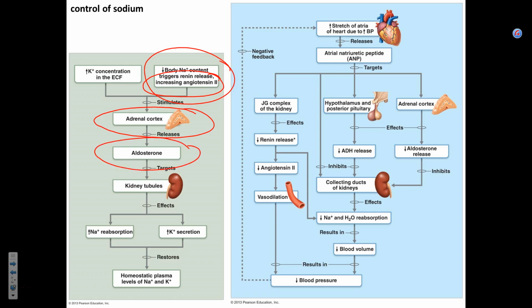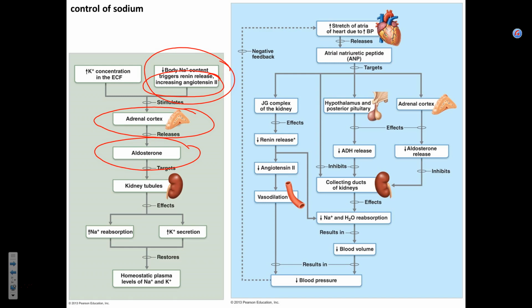Actually, I can give you a more detailed mechanism. Just think about this. Remember we talked about the juxtaglomerular mechanism of regulating GFR. When your blood pressure goes down, your blood flow, your filtrate flow goes down as well. Do you understand what I'm saying? So your blood pressure goes down, blood flow through the kidneys decreases, amount of filtrate decreases, filtrate flow decreases, sodium is reabsorbed more efficiently. Okay? What happens to the sodium concentration in the filtrate? It goes down.